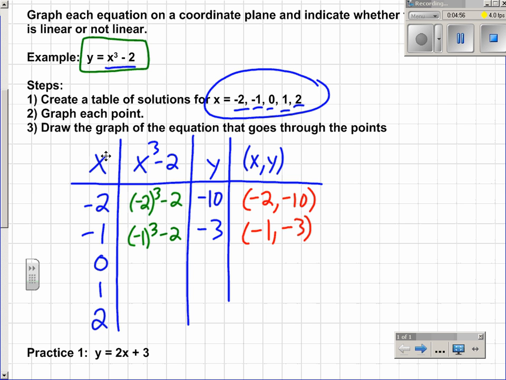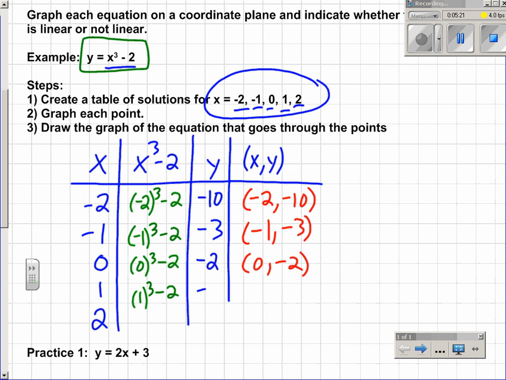0 cubed is 0, and 0 cubed minus 2 gives us negative 2. So our points are 0 and negative 2. Now we're going to plug in 1 for x. 1 cubed is 1, 1 minus 2 gives us negative 1.